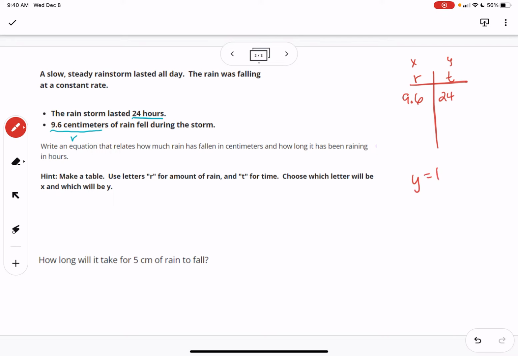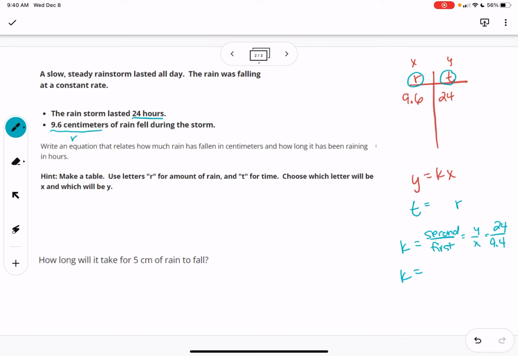Still do Y equals KX, but this time Y is T and X is R. And when I go to find K, again, second divided by first, or Y divided by X, 24 divided by 9.6. So that flipped from the last time, okay?